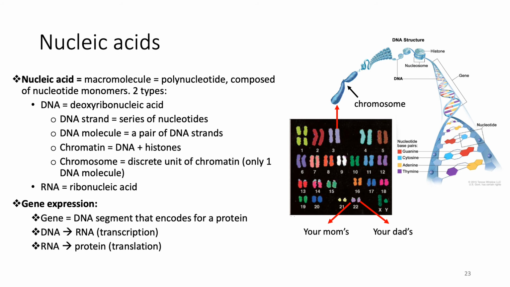The other type of nucleic acid is called RNA, or ribonucleic acid, which is also made of nucleotide subunits. RNA carries the instructions for protein synthesis encoded in DNA. A segment of a DNA strand that encodes for a specific protein is called a gene.